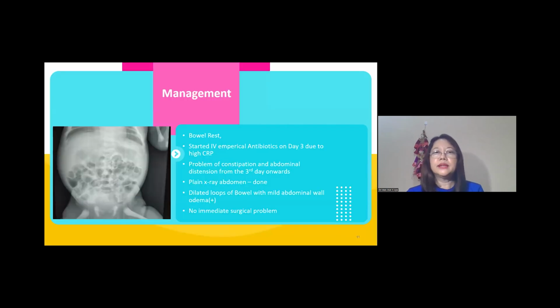We did bowel rest and started intravenous empirical antibiotics from day 3 due to the high CRP, as it might be septic ileus. But the constipation and abdominal distension persisted, so we did a plain abdominal X-ray. It showed dilated loops of bowel with mild abdominal wall edema, but no sign of an immediate surgical problem.